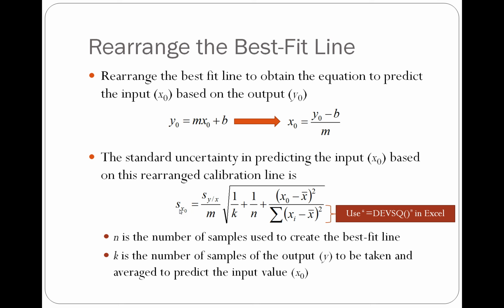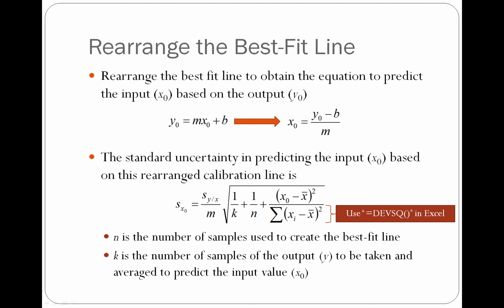Of course, remember that S stands for our standard uncertainty. So this will be the standard uncertainty in predicting the input, the load applied to the load cell, by reading the output voltage.